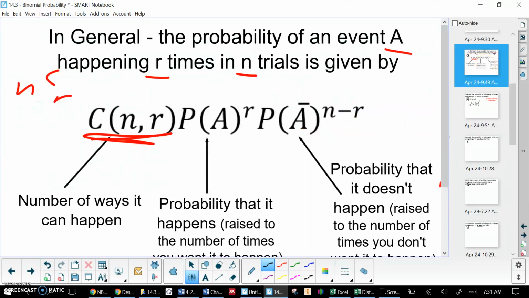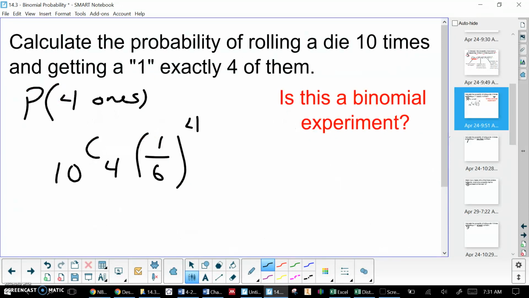Then we multiply by the probability of not getting a 1, which is 5/6, to the rest of it, so the 6th power. A couple of things you'll notice: these two numbers, the 4 and the 6, always have to add up to the number of times you're rolling. So 10 choose 4, 1/6 to the 4th times 5/6 to the 6th.